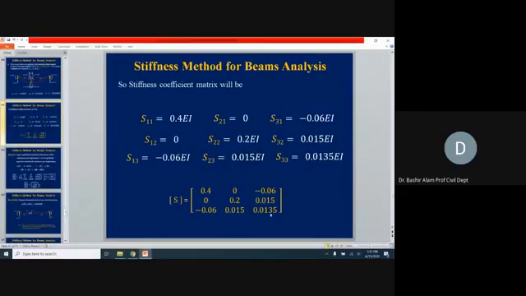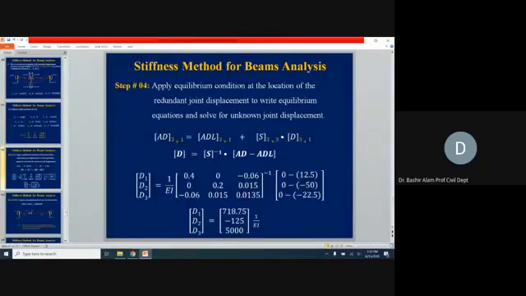S33, here you see this value, it is here now. So we make a matrix form. Now after making this matrix form, we put this in the equilibrium equation, all the numbers we have. So you can run these matrix algebra now and you can find out D1, D2, and D3.